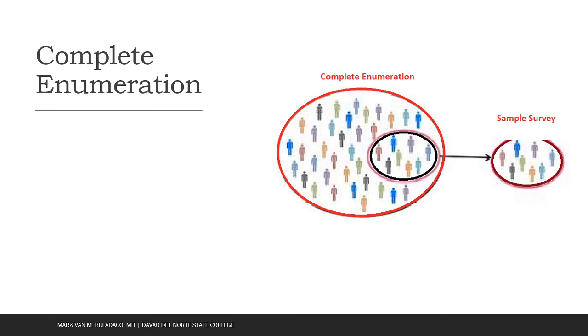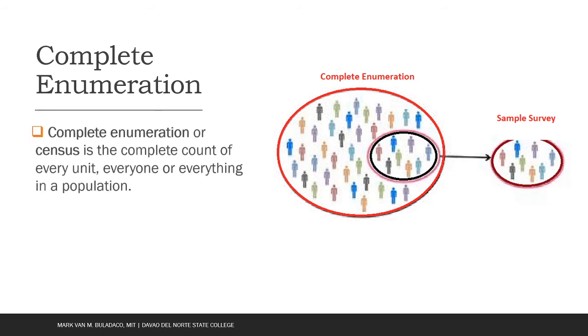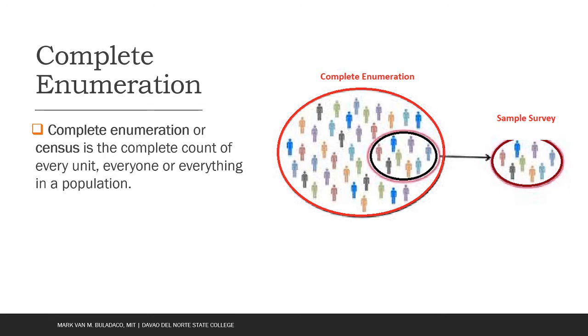We do have what we call a census or complete enumeration. This is the complete count of every unit, of everyone or everything in a population. So if there are 300,000 high school students in Region 11, and you want to study the entire 300,000, then you are using what we call a census or complete enumeration.